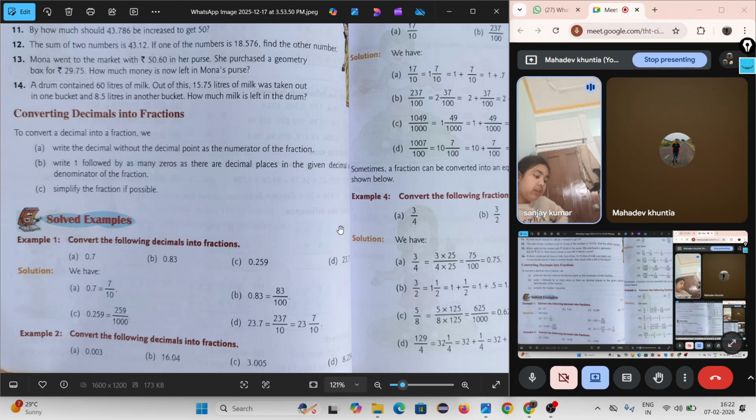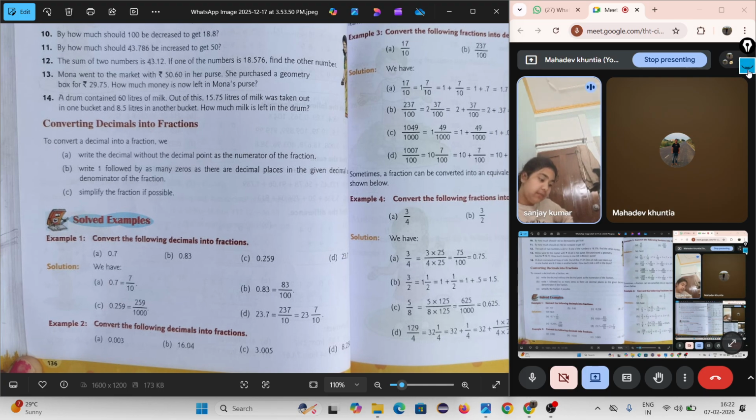To convert a decimal into a fraction, write the decimal without the decimal point as the numerator of the fraction. Look at 0.7.